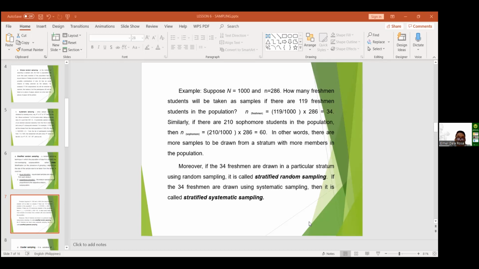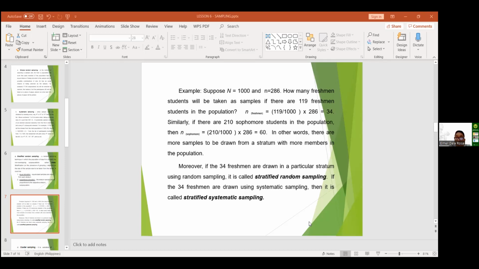So you simply divide the number of freshmen overall, 119, divided by 1,000. That's the number of students. And you multiply that by the sample size. So 119 divided by 1,000 times 286 is 34.